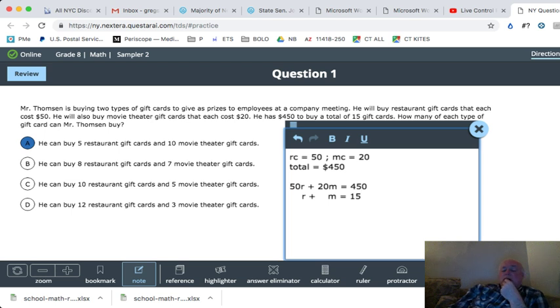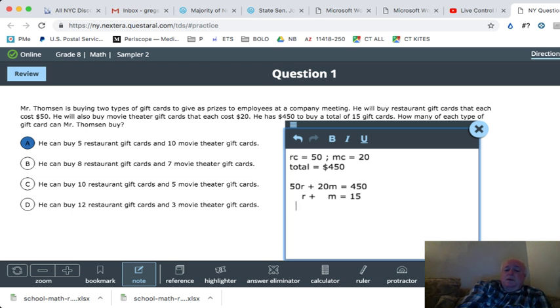So now we have these 2 equations set up, and we're going to try to play around with them. We can now say R equals something, which is 15 minus M. Or we could also say M is 15 minus R and substitute it into those expressions and use the distributive property.